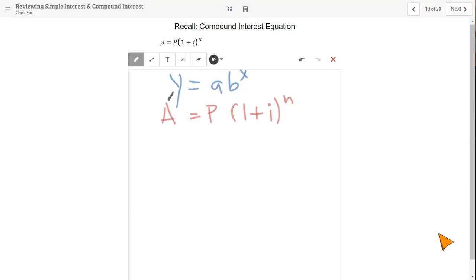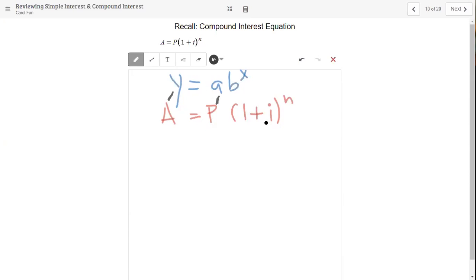Now you'll see the similarities. A is the same as y, where we're talking about the amount. Principal is the original amount, and before we used the letter a to represent the original amount. b was our growth and decay rate, and we always took 1 and we added the percentage of growth.